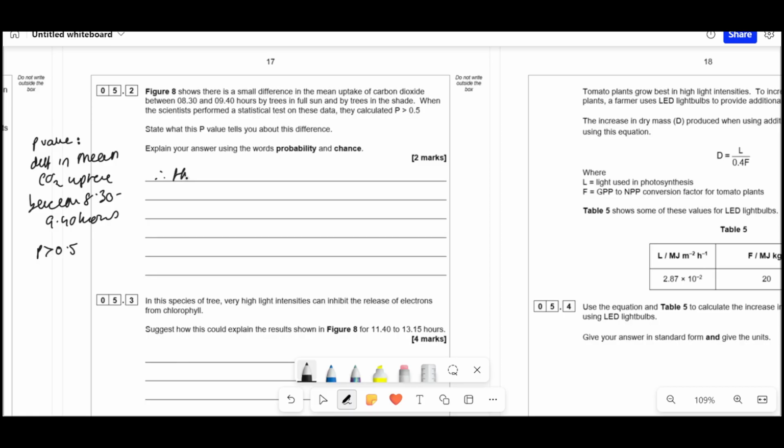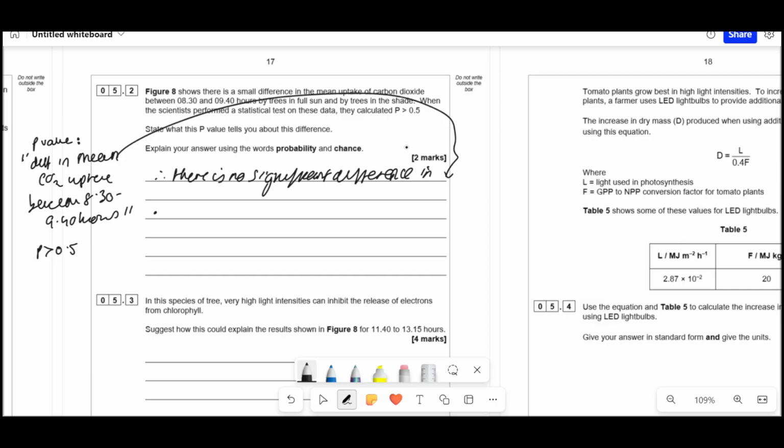Therefore, there is no significant difference in the difference in mean CO2 uptake, and so on. You have to say what it specifically is measuring. But that doesn't tell us your understanding of the p-value. That's just saying the conclusion.